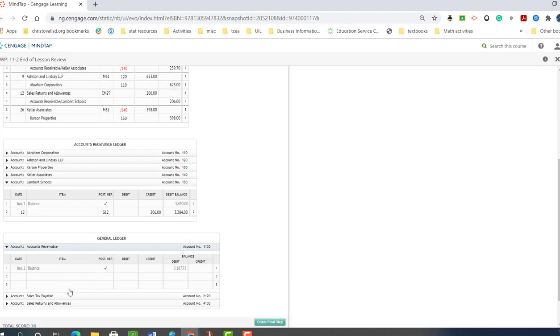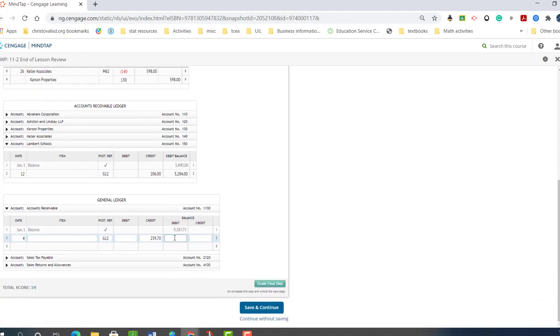Now, our accounts receivable. We have two transactions that are going to affect those. We have both on the 4th. From our page 12, we had a credit amount of $259.70. And remember, that number was not the same as what we did for Keller, because it has sales tax for them.